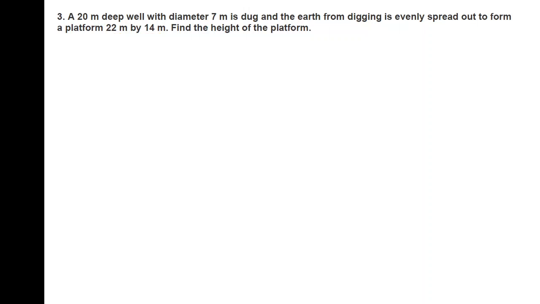Well, now we'll move to the next question. A well of diameter 3 meter is dug 14 meter deep. So here you can see in the figure, a well is there and the depth of the well is 14 meter, and diameter is 3 meter.